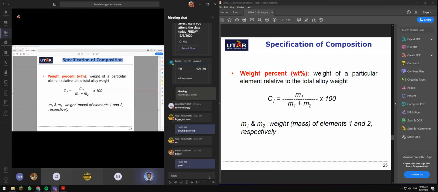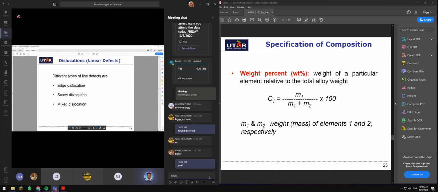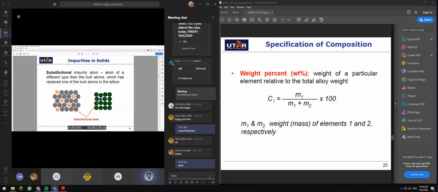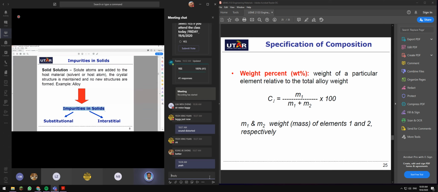Your matrix is your bulk material, and the filler material is the impurities that you are going to add into the bulk material.